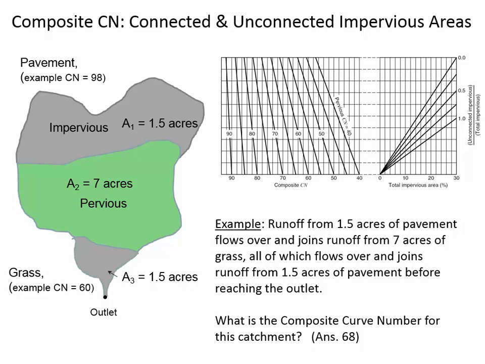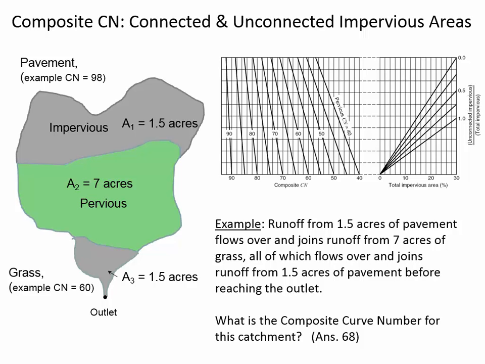And the total impervious area is 3.0, the one on the top and the one on the bottom together. So our ratio is 0.5. The total impervious area is still just 30%. Total impervious area is still 3 out of the 10, so 30%.